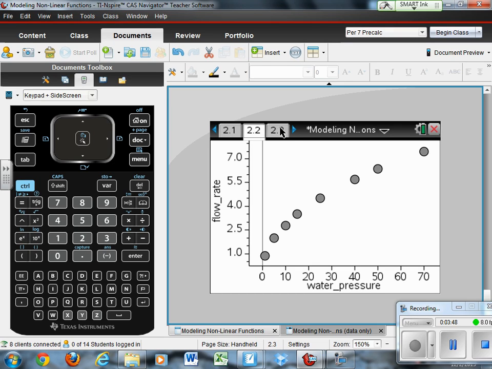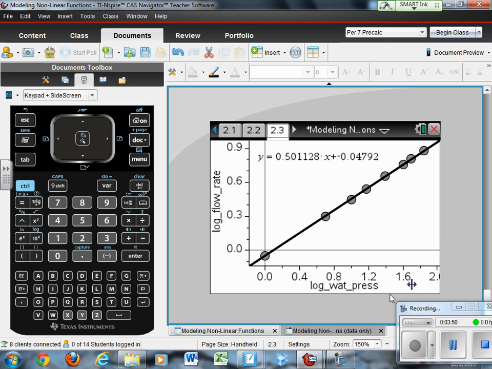Here is the linearized graph between log of water pressure and log of flow rate. And notice the equation, there are those same two numbers. When we did a linear regression, those same two numbers popped up before. So when we're doing a power regression, we're really doing a linear regression of the log of both variables.